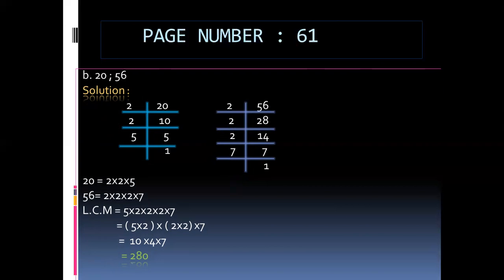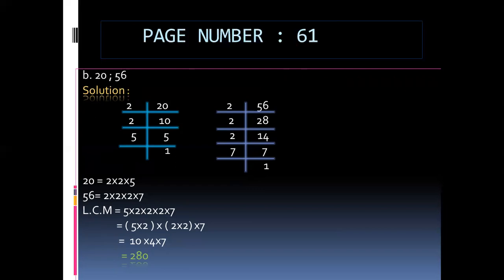And the prime factors of 56 are 2, 2, 2 and 7. The prime factors of 20 are 2 multiplied by 2 multiplied by 5, and the prime factors of 56 are 2 multiplied by 2 multiplied by 2 multiplied by 7.